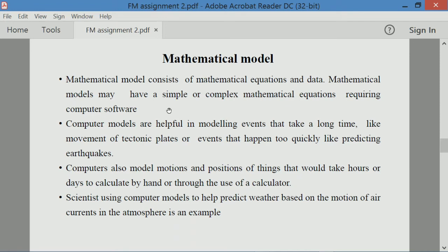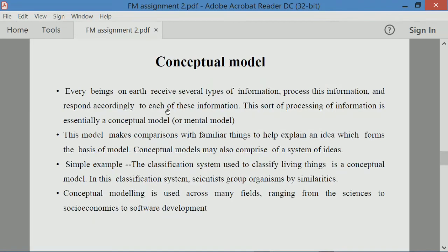Computer models are helpful in modeling events that take a longer time, such as exponential evolution or how certain values will behave, graphical representation, statistics and various probabilities. All these can be easily analyzed by using mathematical model studies.